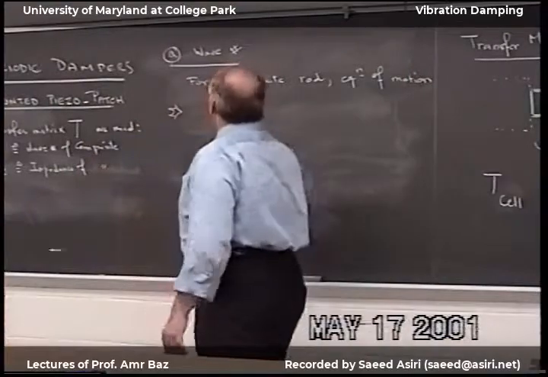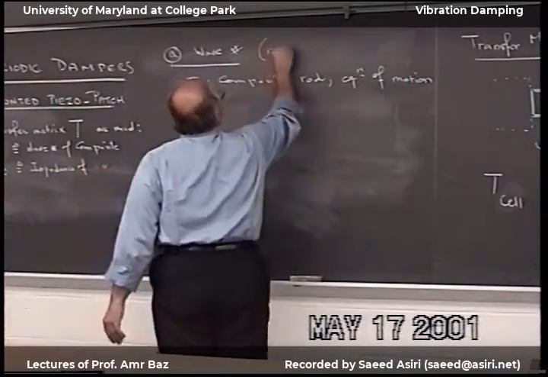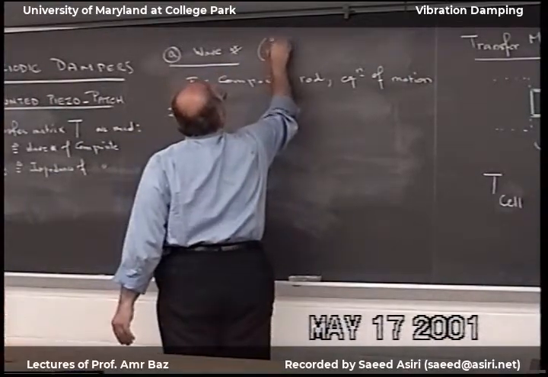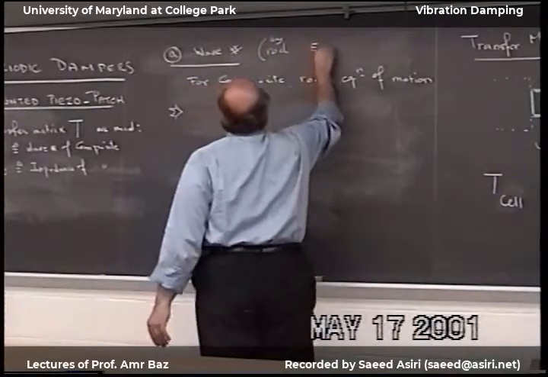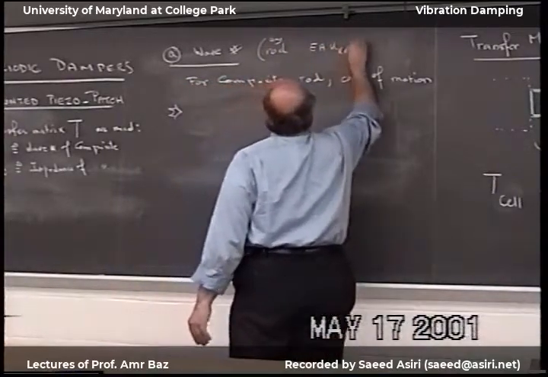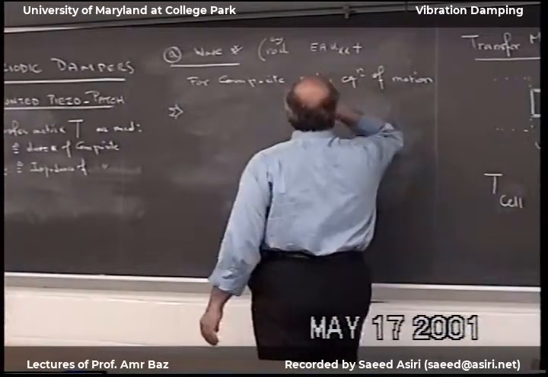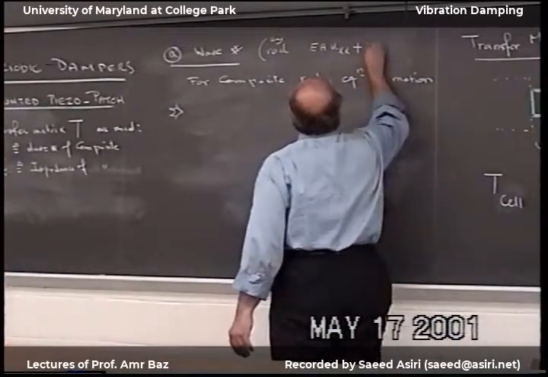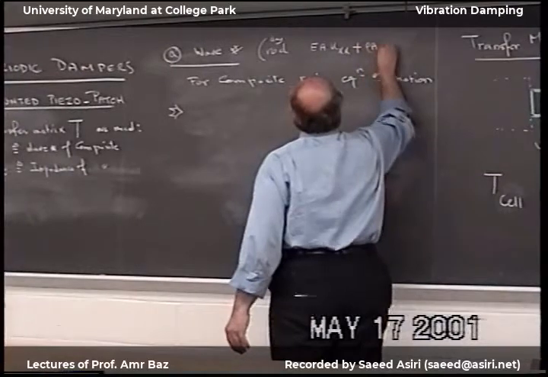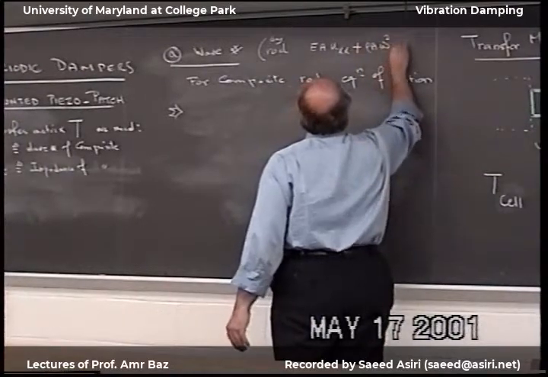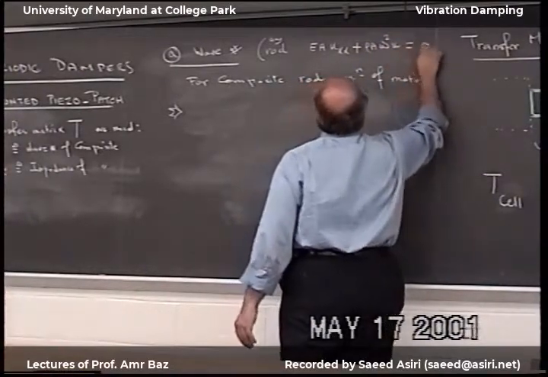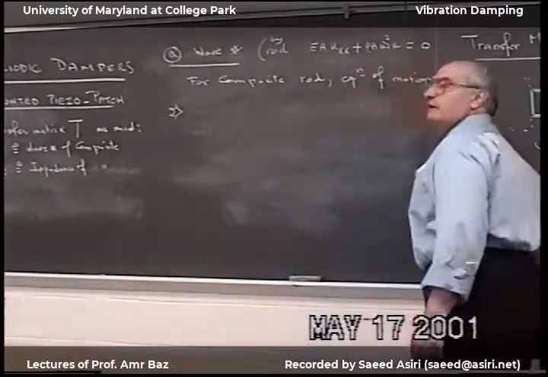For any rod, we have the equation of motion EA U_XX plus rho A omega squared U is equal to 0.